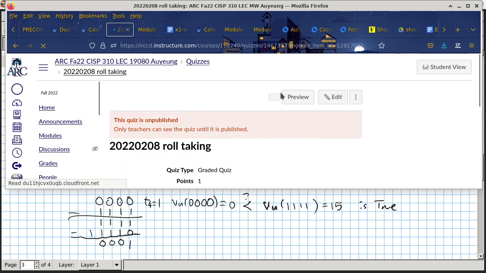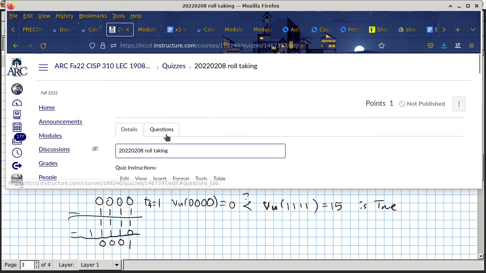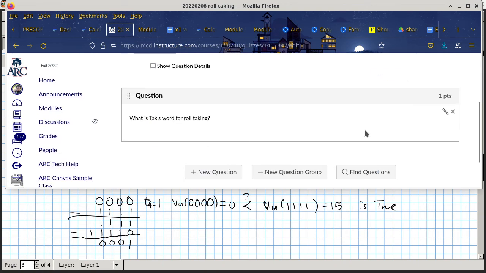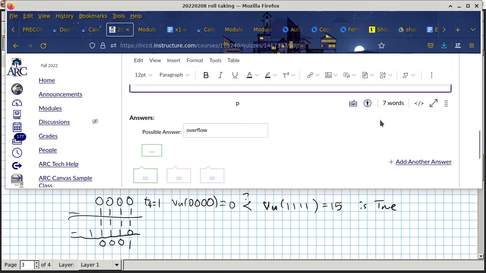There we go. So I'll let you know when you can refresh Canvas and answer the question. So first thing is to change this to 0919 because today is September 19th. And then in terms of the question, the answer is overflow. Very appropriate.